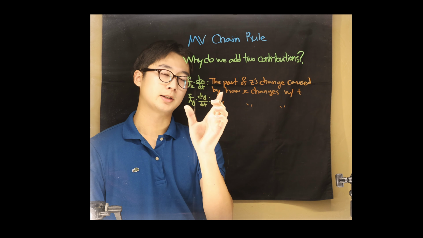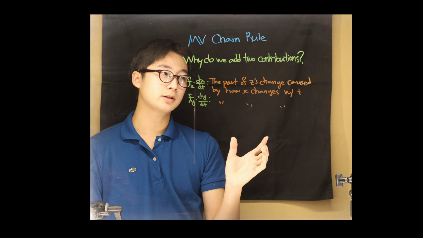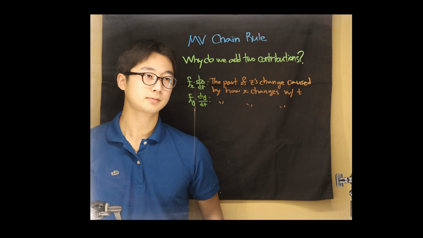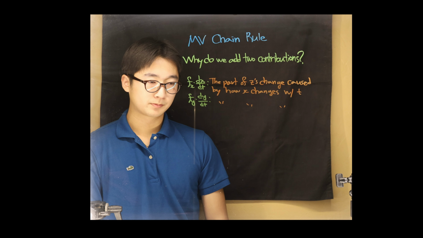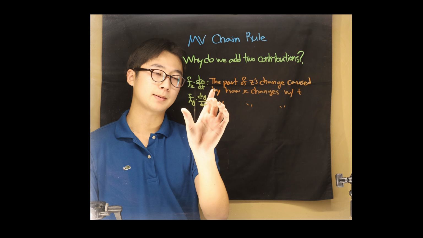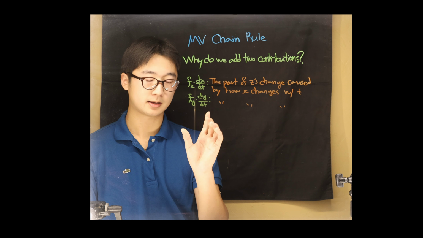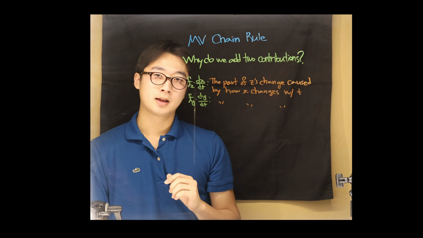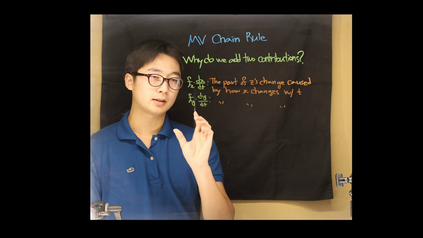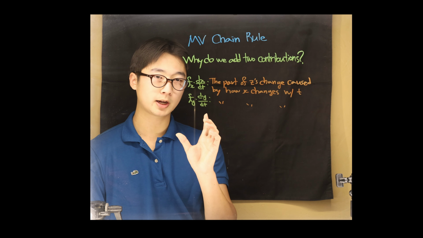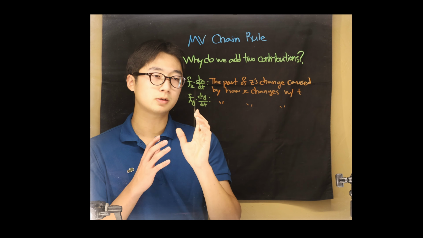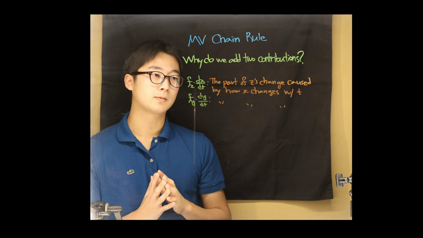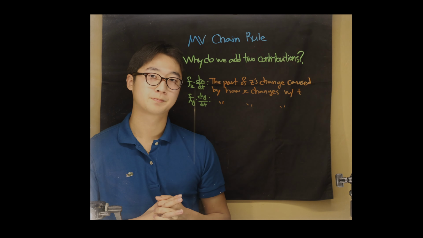This part is just the part of z's change caused by how y changes with the variable t. So we add them together because both effects happen at the same time. The total change of the effect is always the sum of all contributions.